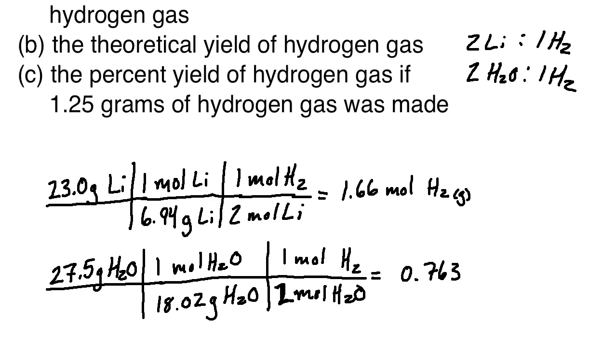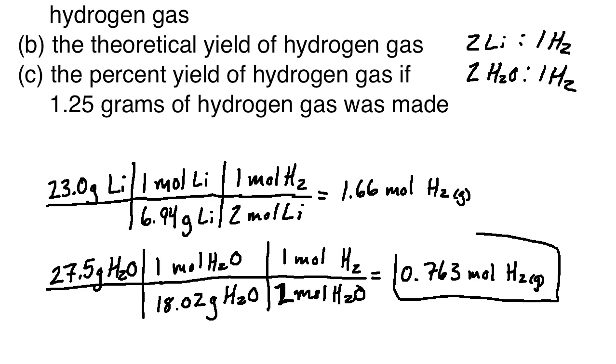So what this is saying is, based on the amounts of lithium metal and water that I have present, the lithium has the potential to produce 1.66 moles of hydrogen gas, while the water has the ability to produce 0.763 moles of hydrogen gas. The lesser of the two is the limiting reactant.